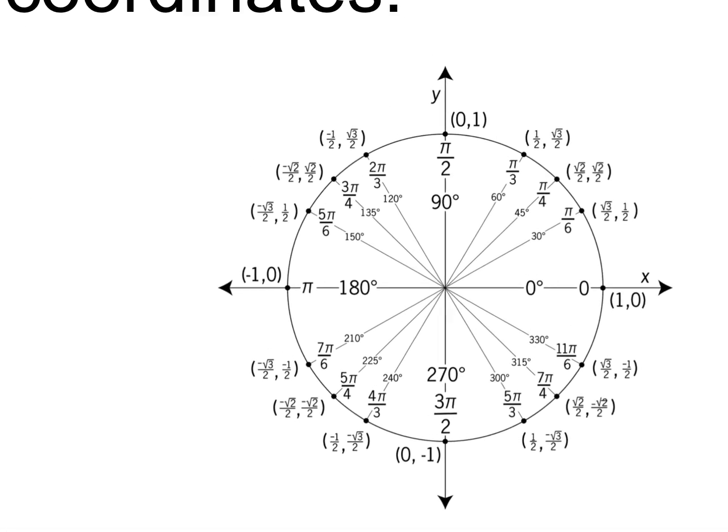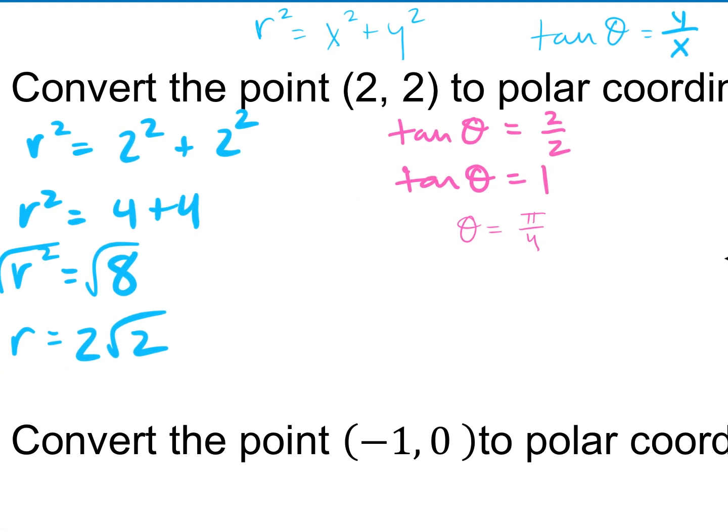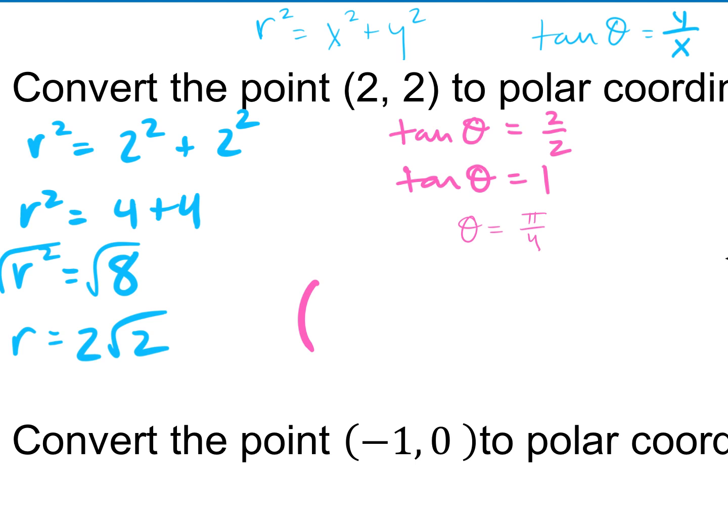Which degree measure, which radian measure would give us 1 here? Awesome, pi over 4. So theta would be pi over 4. So when we put this as a point, we would get 2 square root 2, pi over 4.